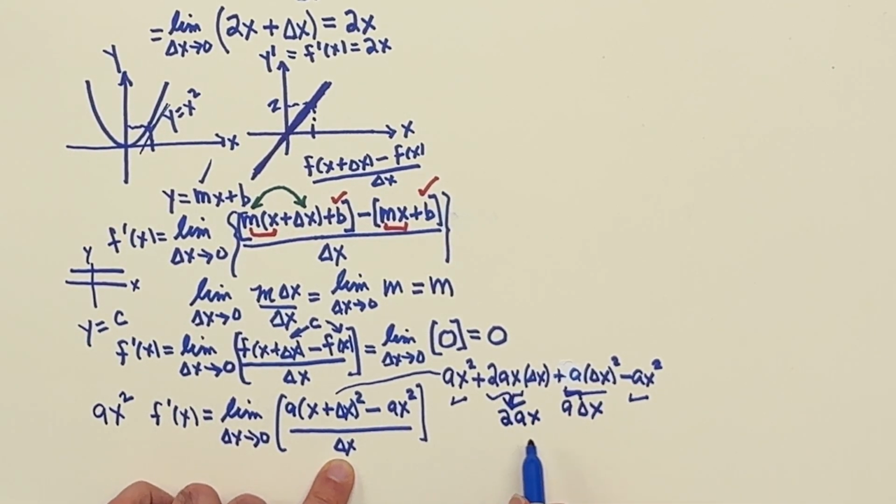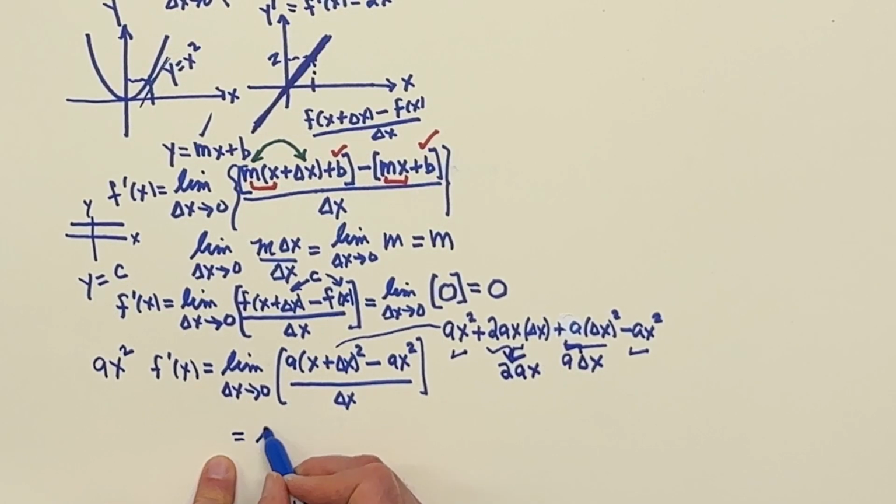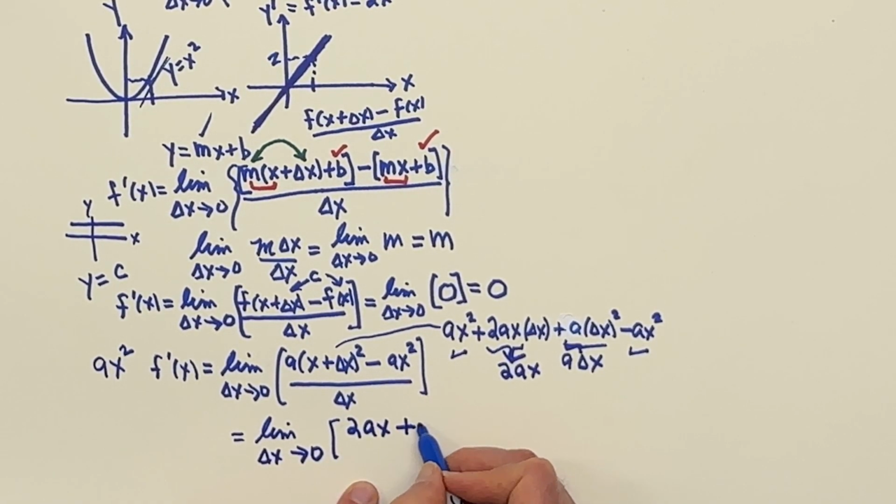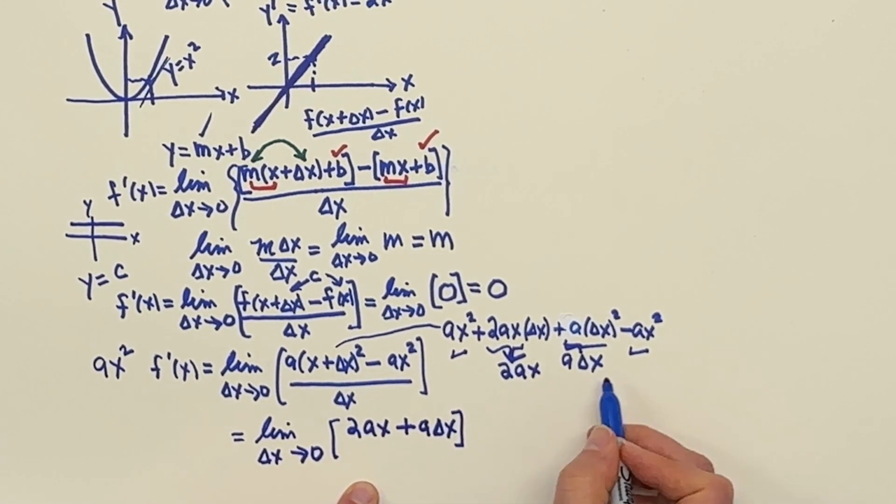All right. So then here you would have the limit of delta x going to 0 of 2ax plus a delta x.